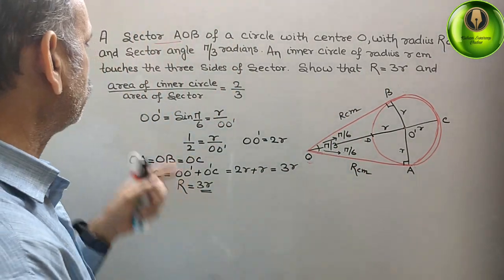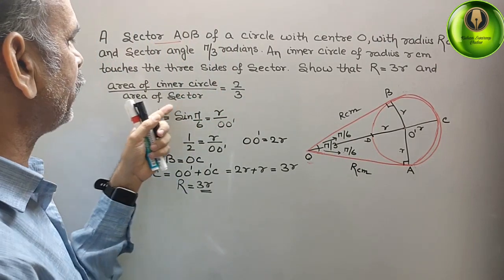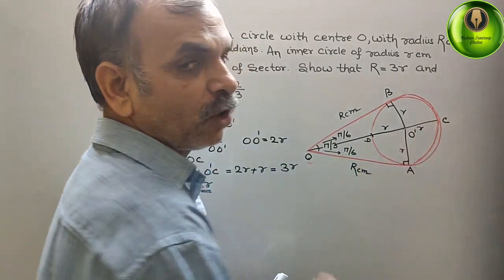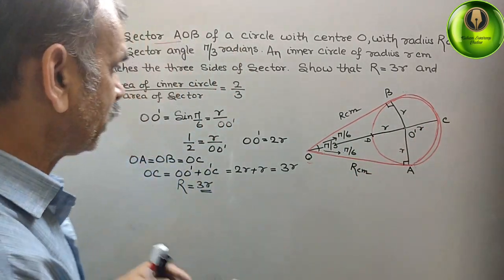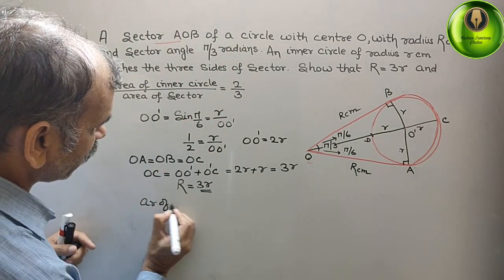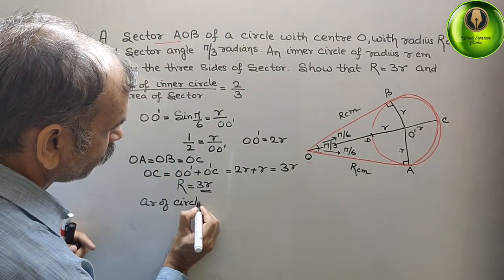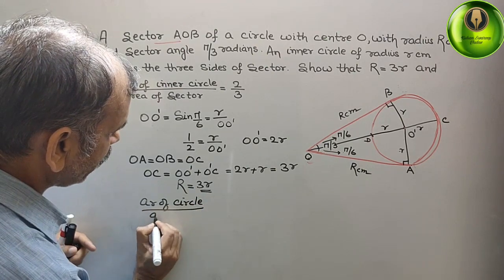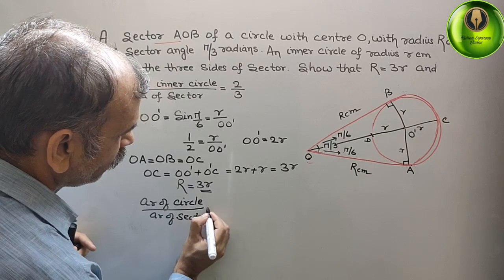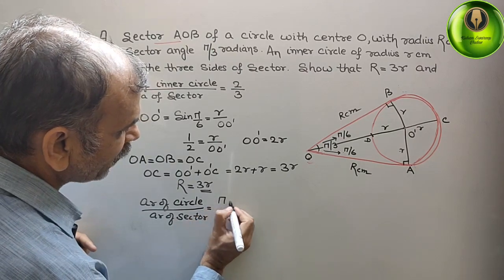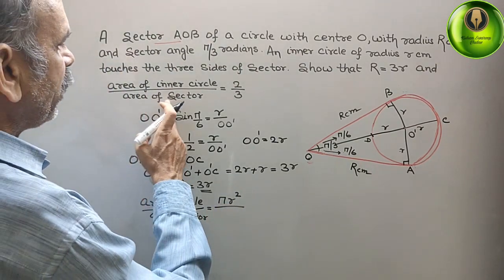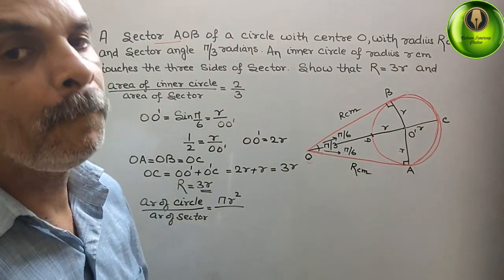Next, what they have told? Area of inner circle by area of sector. So area of a circle is what? Pi r square. Just we will write this first. Area of circle by area of sector. Area of circle is pi r square, by area of a sector is what?